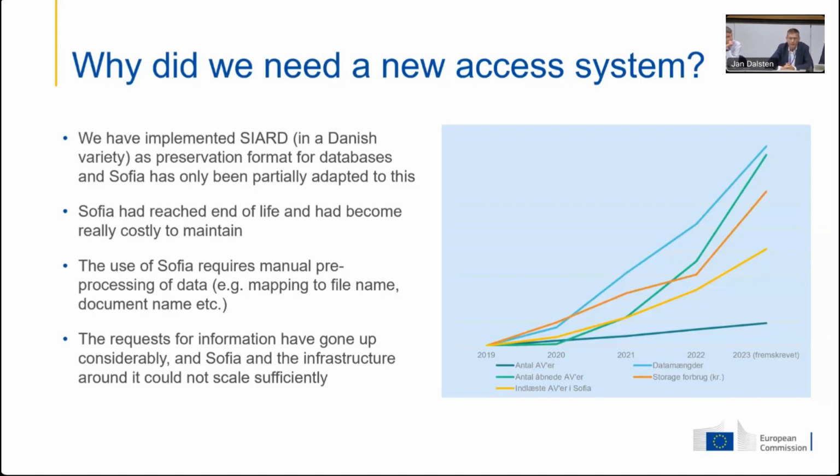And then the green line just below it shows how many information packages are accessed through SOFIA per year. So we could see that the amount of data and the amount of requests that we had to handle just surged completely around 2020 and from there on.